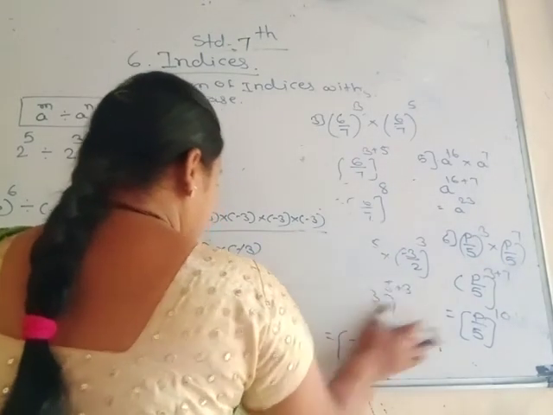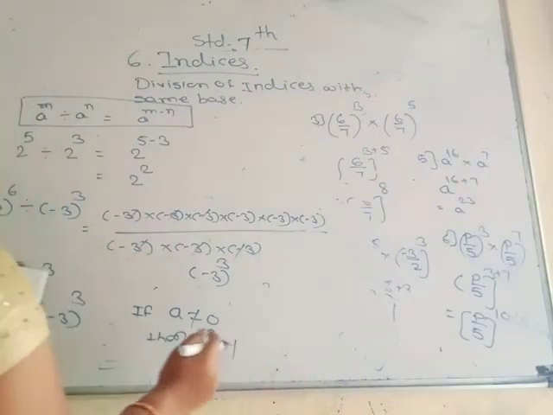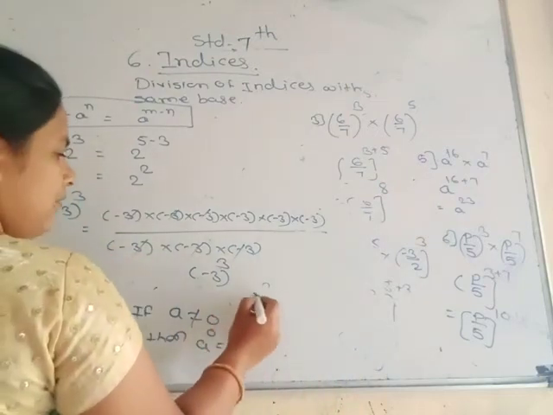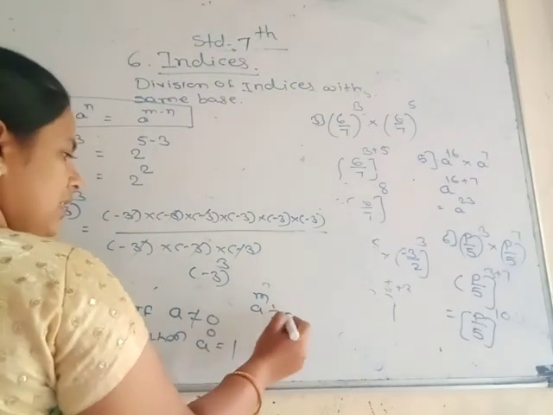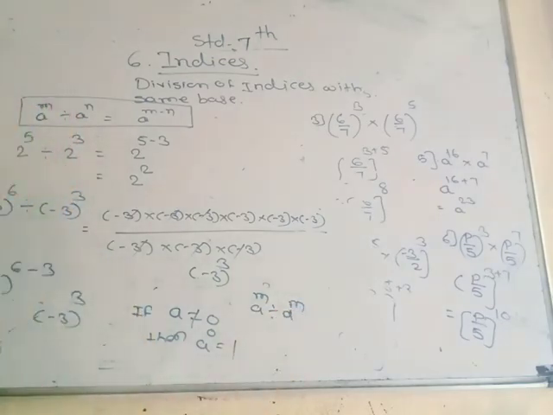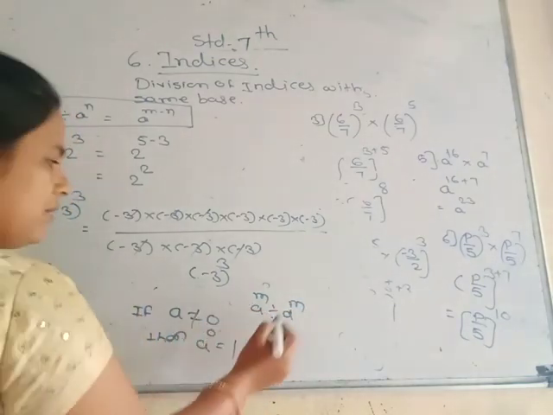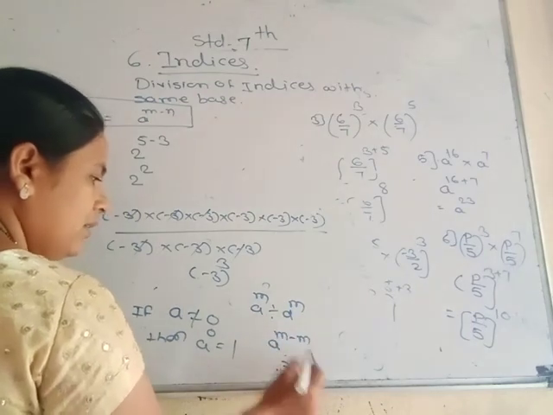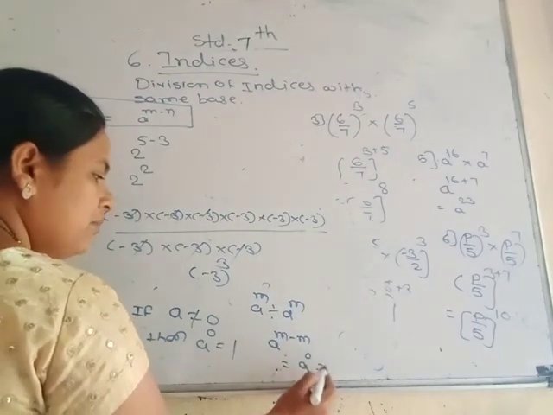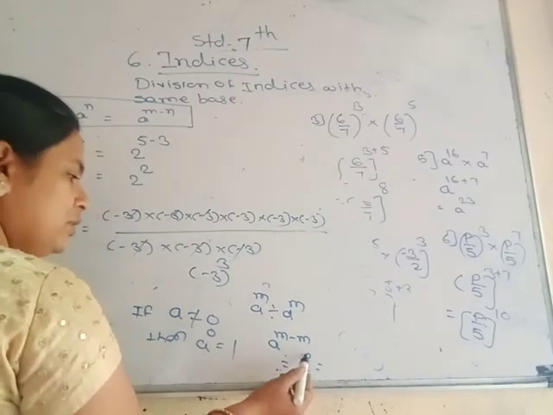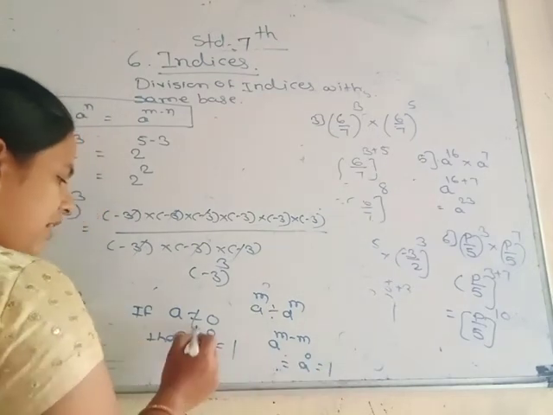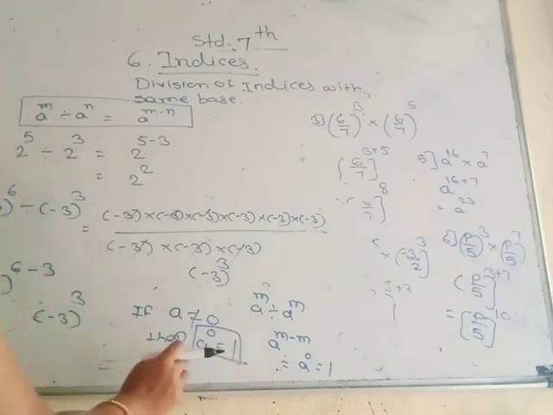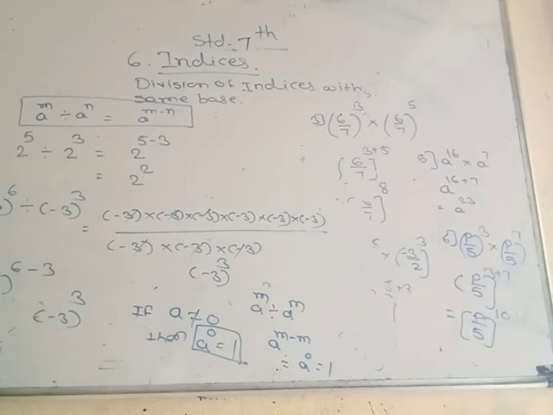See one example. a raised to the power of m divided by a raised to the power of m. Here m is the same, so a to the power m minus m, that is a raised to the power of 0, and the value is 1. When a is raised to the power of 0, the value is 1.